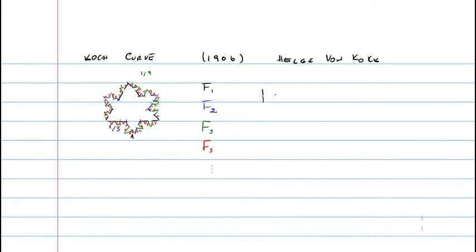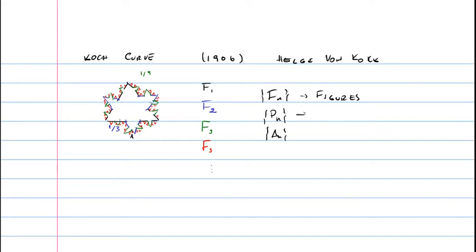Now we have a sequence F sub n of figures, and from this sequence we can get two more, P sub n and A sub n. P sub n will be the sequence formed by the perimeter of all the figures, and A sub n by the area.